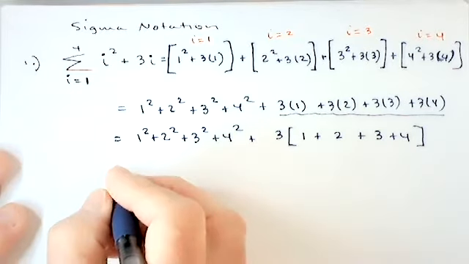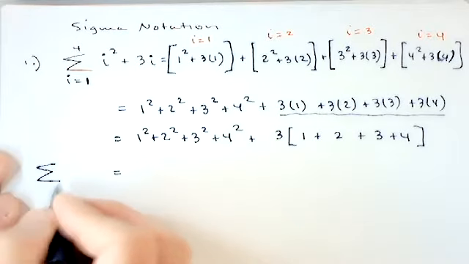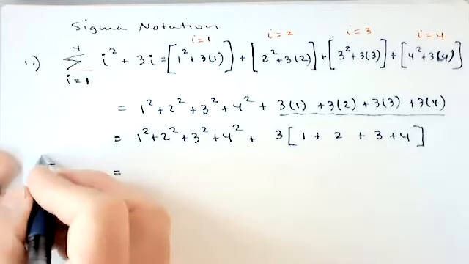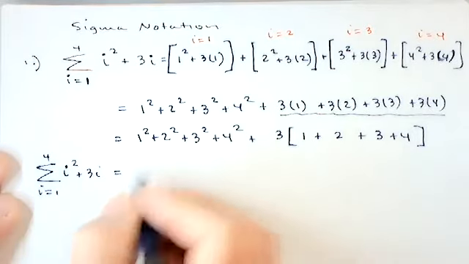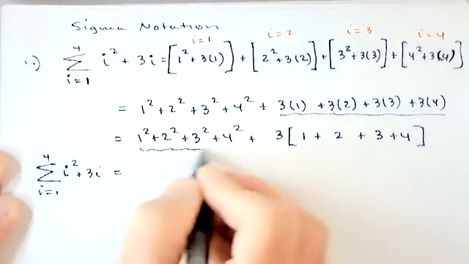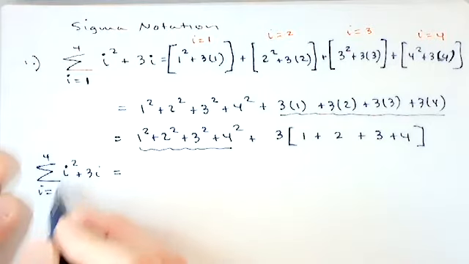All of that I did to show you and to convince you that if I think about this original summation, I squared plus 3 times I, that could be written. What are all these numbers? That's just I squared, right? That's 1 squared, 2 squared, 3 squared plus 4 squared.